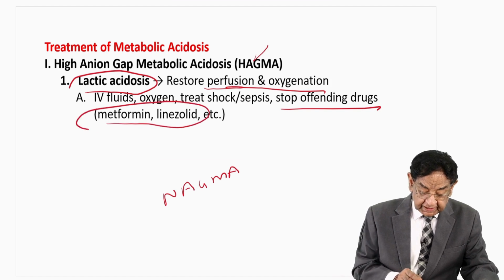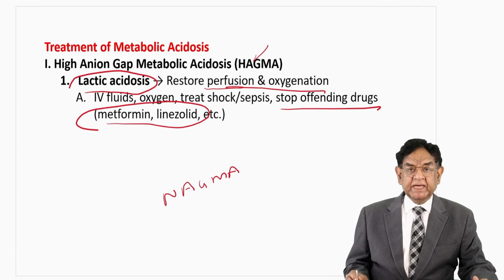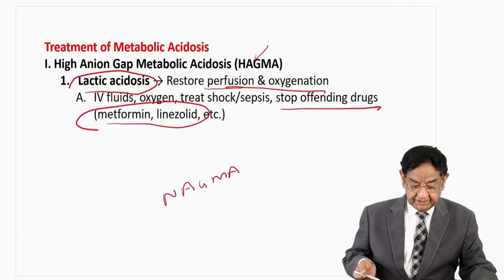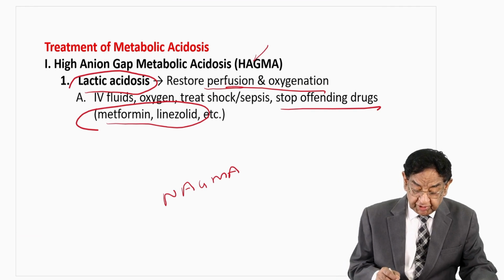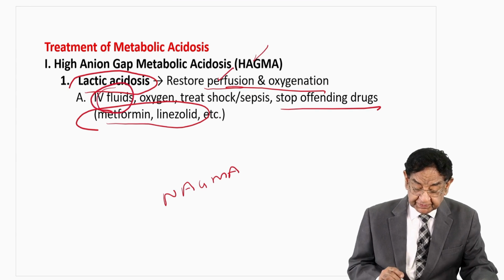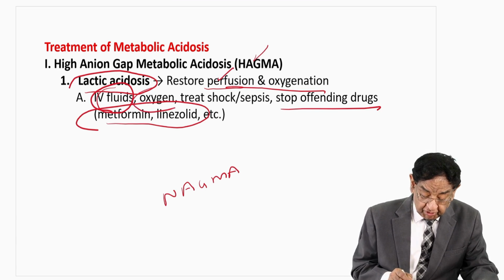Metformin and linezolid are the two important drugs. Of course, there are many other causative drugs also, but these are commonly used drugs which can lead to metabolic acidosis, or lactic acidosis to be more precise. So now we want to restore perfusion by giving what? IV fluids. We want to increase oxygenation, so you give oxygen.